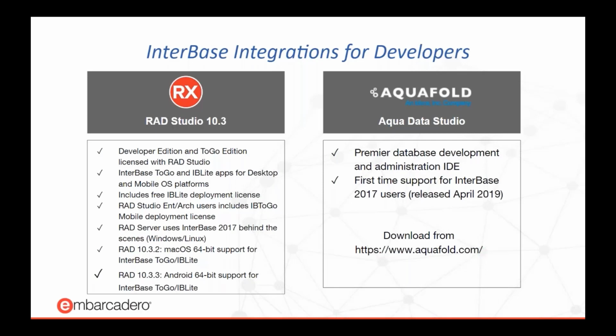Happy to mention here that InterBase has been delivering 64-bit application support across all our platforms: Windows, Linux, Mac, Android, and iOS. The recent release of RAD Studio 10.3.3 brought forward Android 64-bit development support, and InterBase is available in 10.3.3 for your Android 64-bit apps as well, along with all the other platforms that we support, 64 and 32-bit.